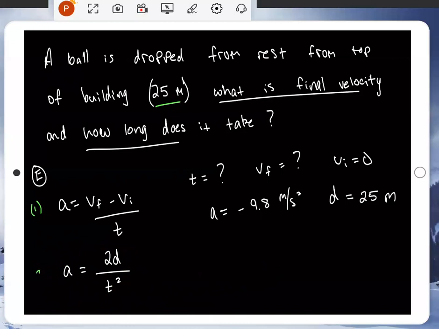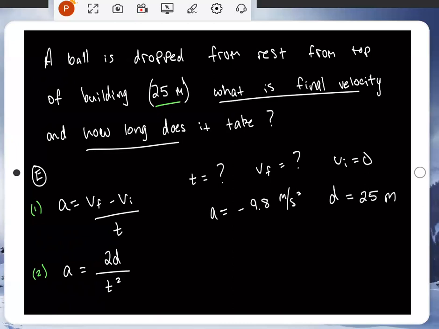In the first equation, you're solving for the... wait, wouldn't it make more sense to do the second one?